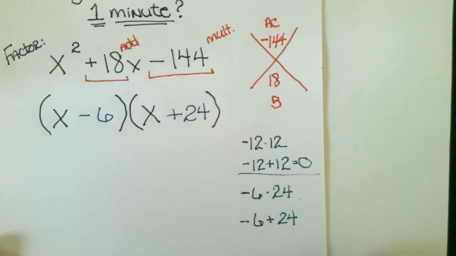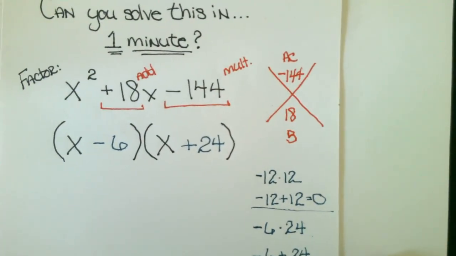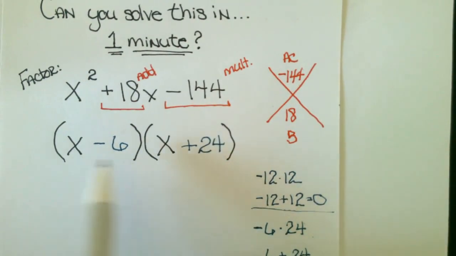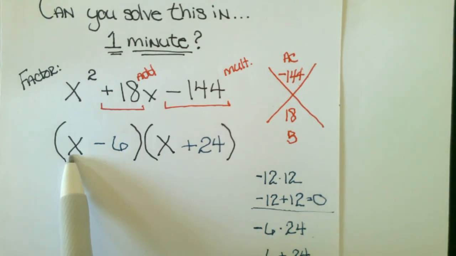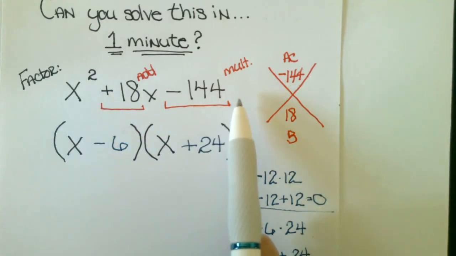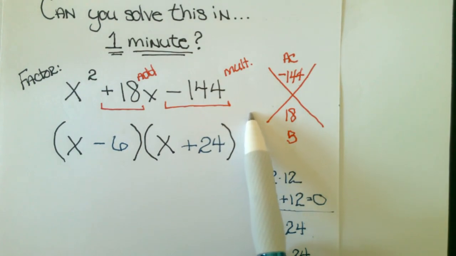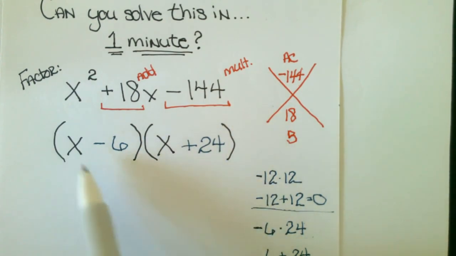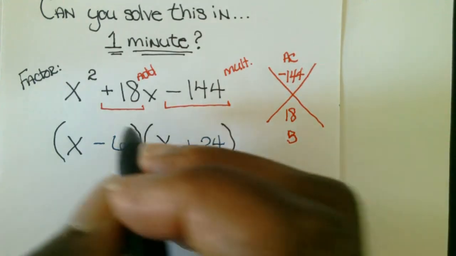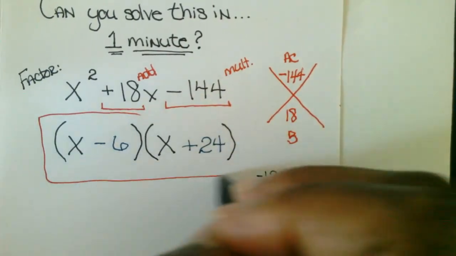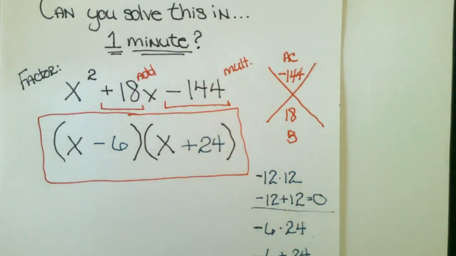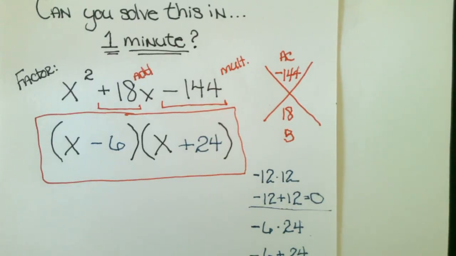Since we have our factors, we're not doing anything more. Notice there wasn't an equal sign. That's why we're not solving, we're factoring. This is when you simply stop. So we got our x minus 6 and our x plus 24.